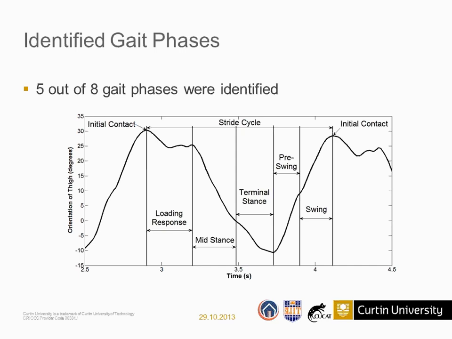And this is a graph of the thigh movement. Starting from the initial contact point, this phase where you have this maximum is the initial contact point where the leg is at the forwardmost position.